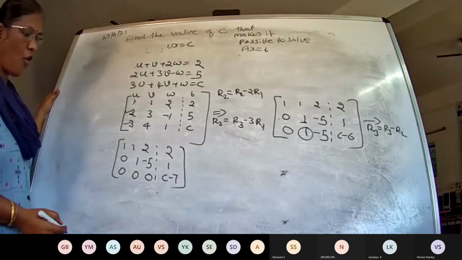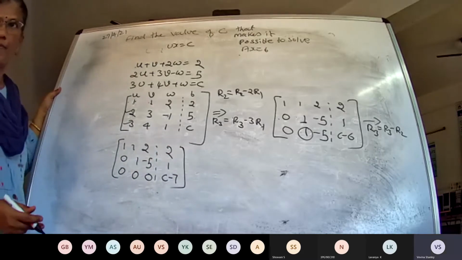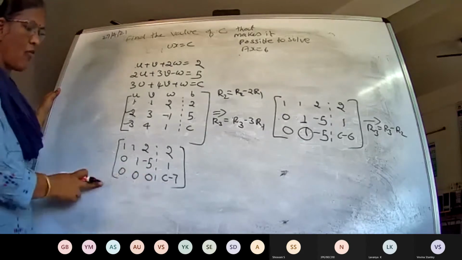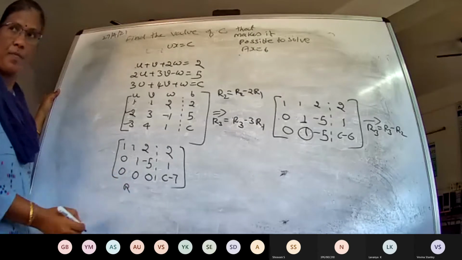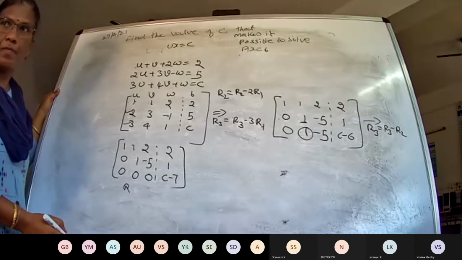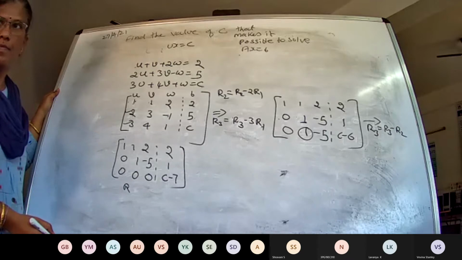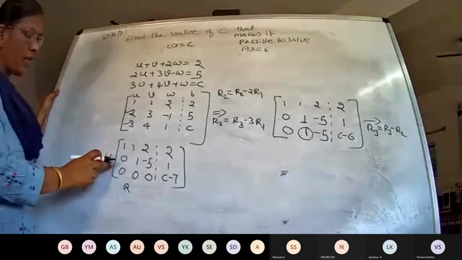So is it reduced to echelon form? Yes, ma'am. Does this say row reduced echelon form? Does it represent R? This is U, okay.